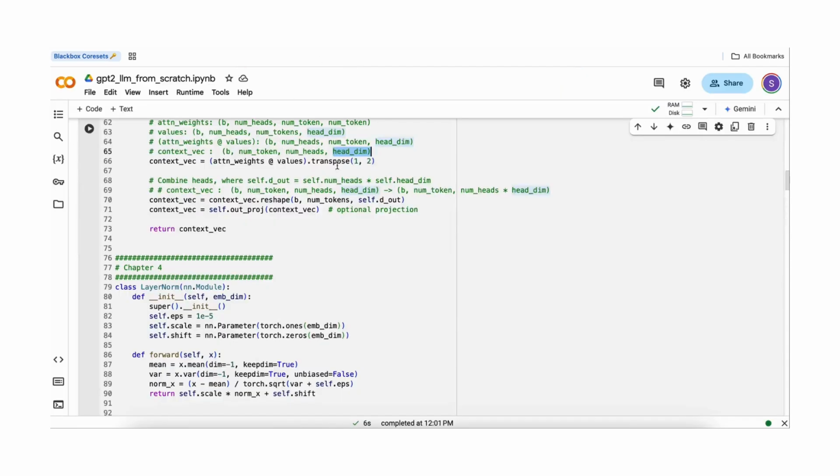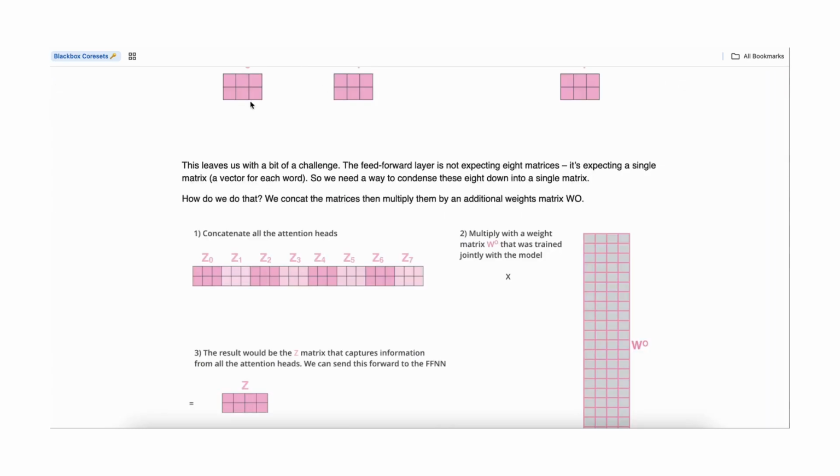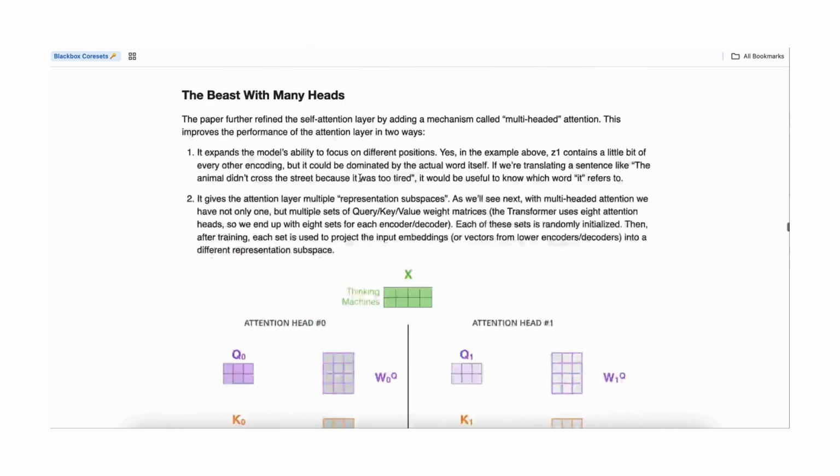And then we just reshape it back, keeping b the same, to the number of tokens by number of heads times head dim, which means that for each token we'll get a vector of size 24.